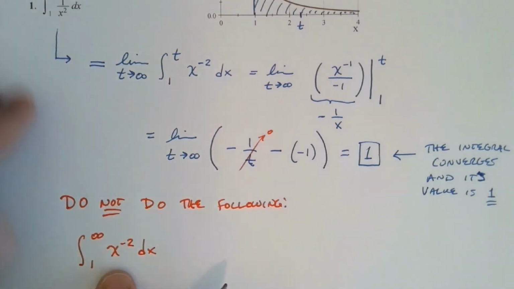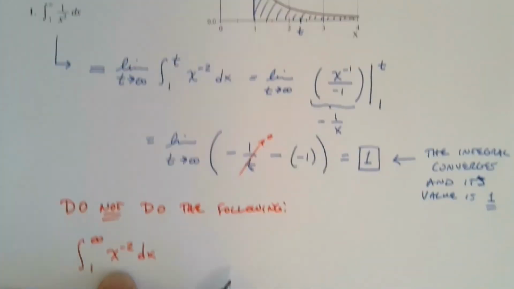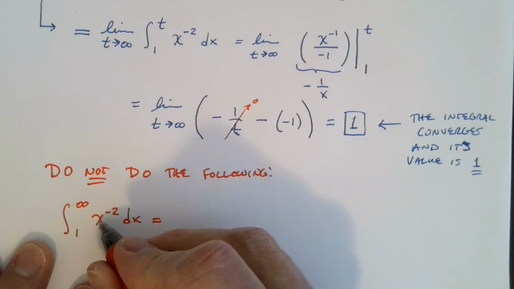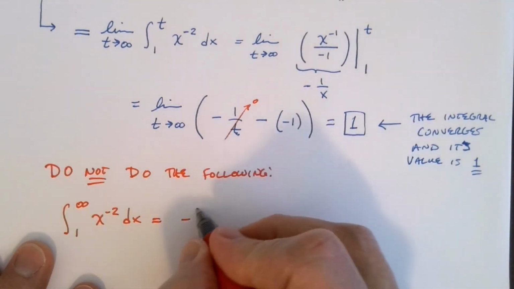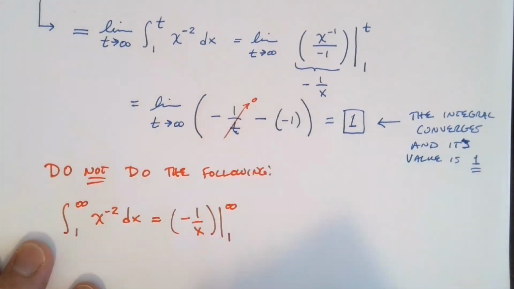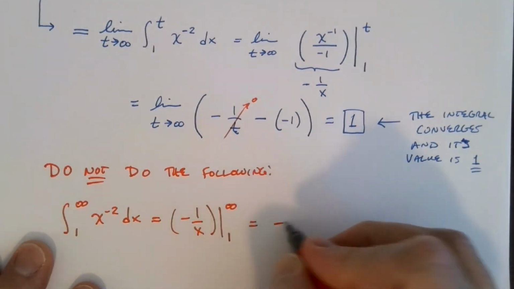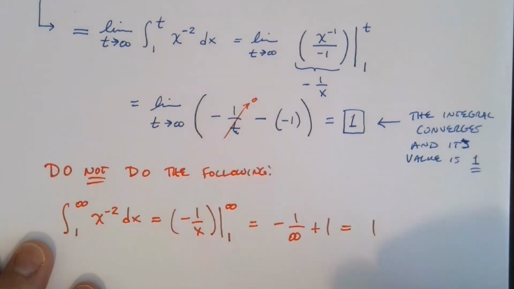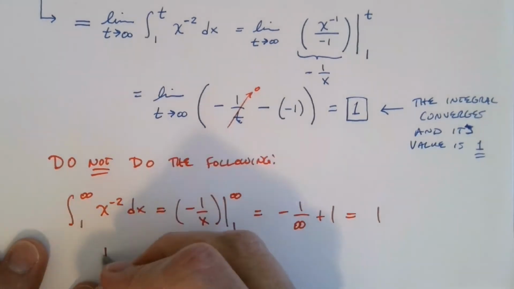So suppose this again is the same integral from 1 to infinity. Do not do this. The antiderivative of x to the negative 2 is negative 1 over x, and say 1 to infinity this way, and do this. Do not do this. This is incorrect and will cost you points.